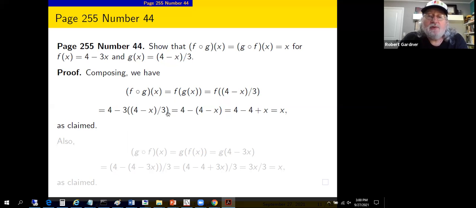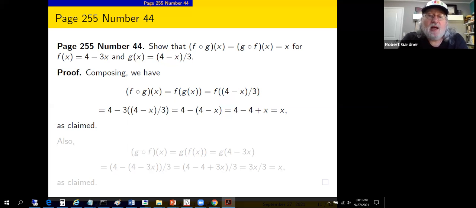The 3's will cancel, leaving us with 4 minus the quantity 4 minus x, be careful with the parentheses. 4 minus 4 is 0, negative x is a positive x, indeed the output is simply x. As claimed, call this a proof, it's really a computation, but we're proving something arguably.